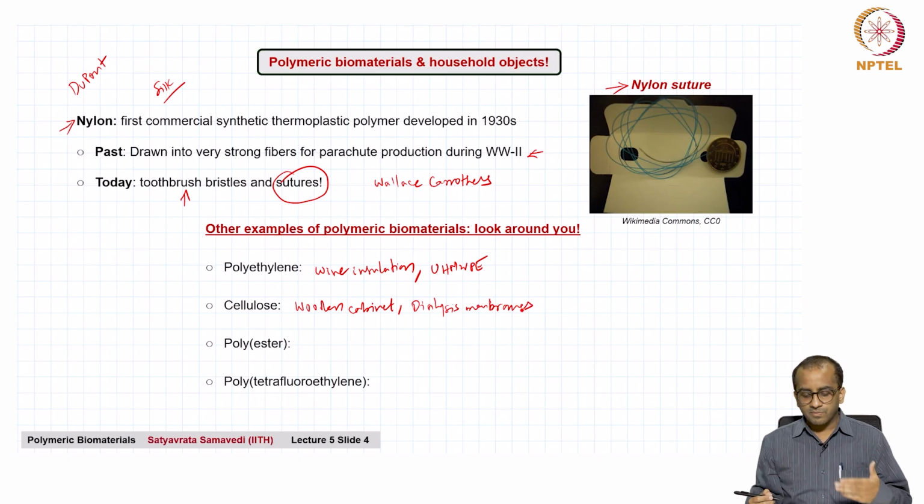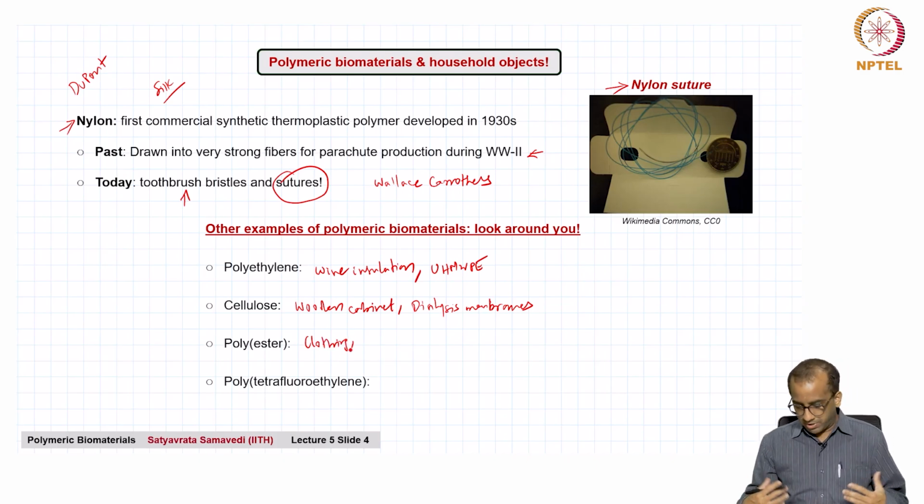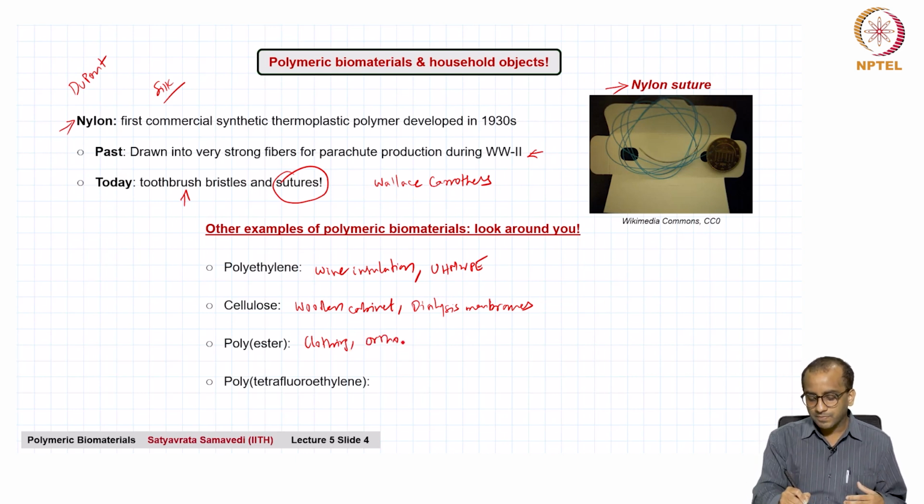And likewise, if you take polyester, the first thing that comes to your mind probably is a polyester shirt or polyester clothing. But you can also have polyesters like polyglycolic acid being used in orthopedic fixation screws.